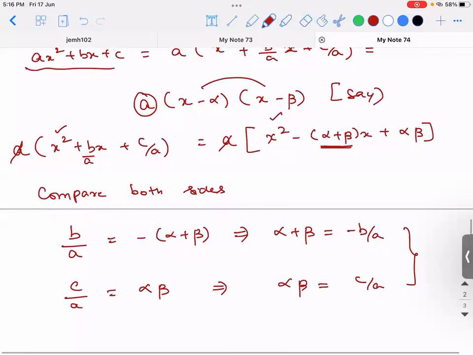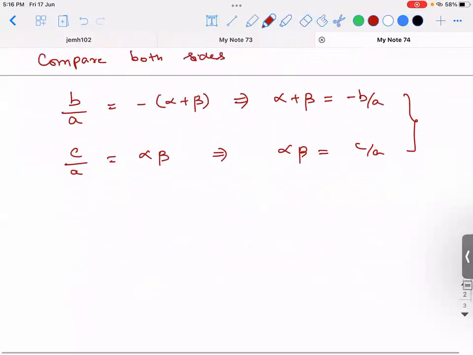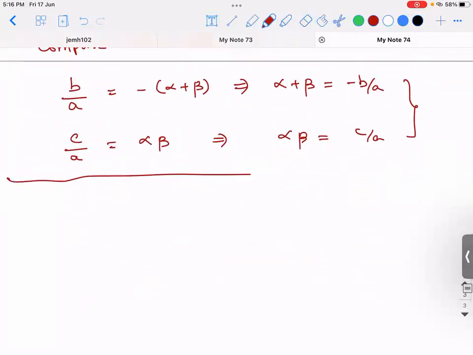Correct? Then shall we go to the next step? Shall we try for a cubic polynomial? Sure. Write it.